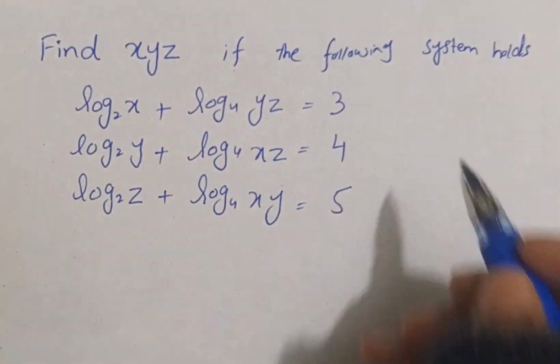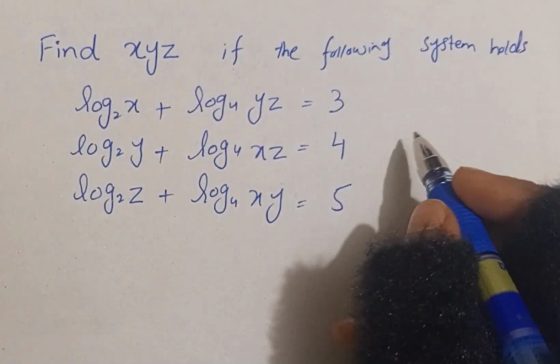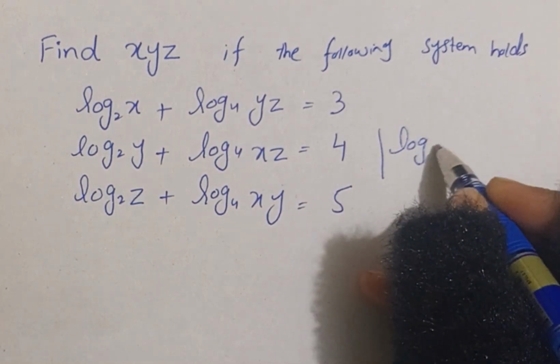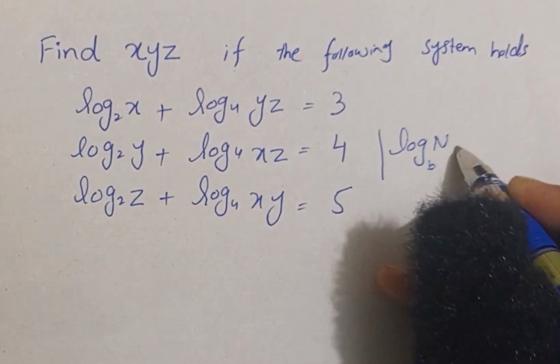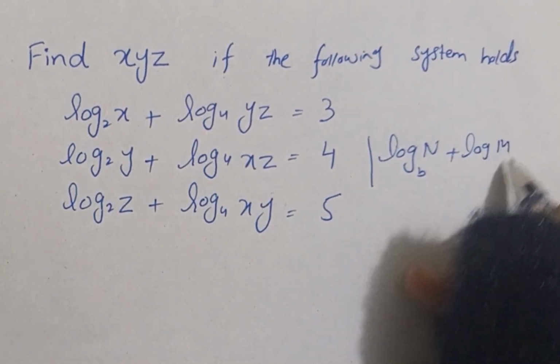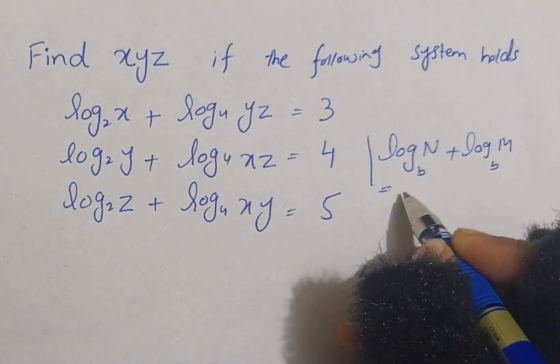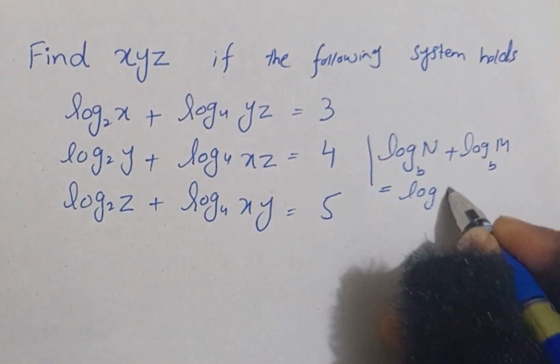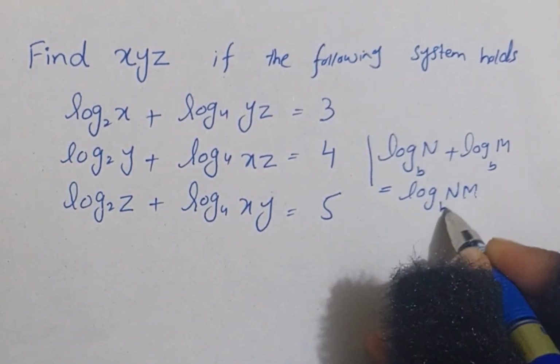First of all, we recall some log rules. As we know, log n with base b plus log m with base b is equal to log of the product of n and m with base b.